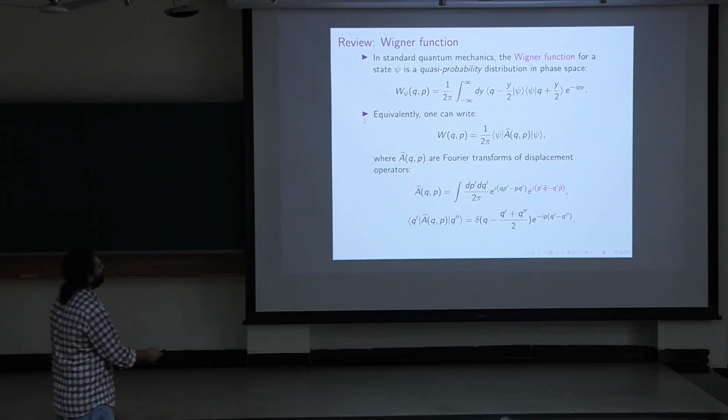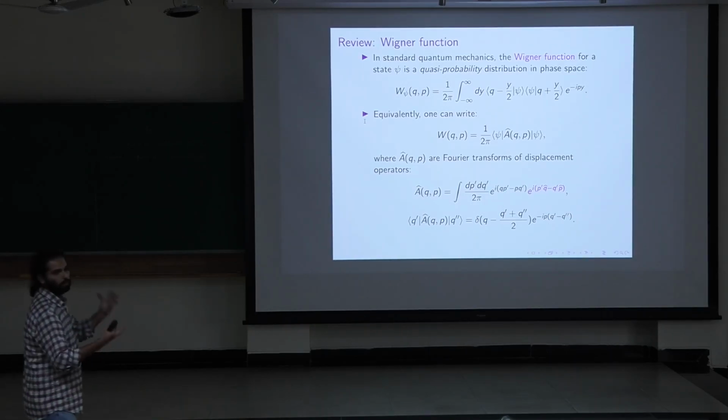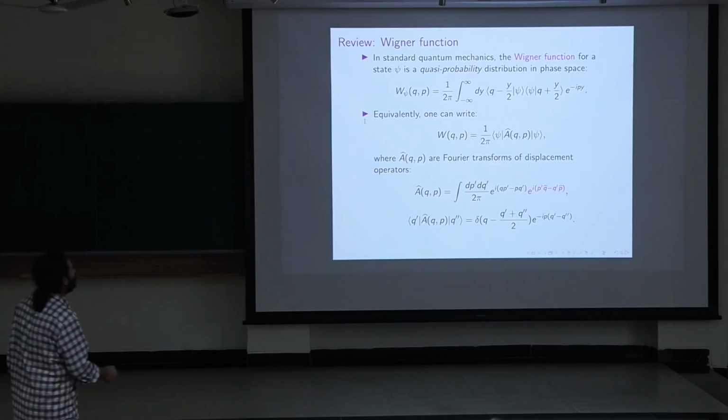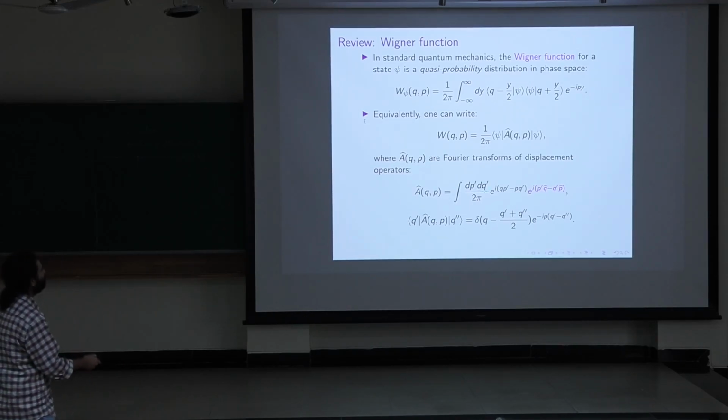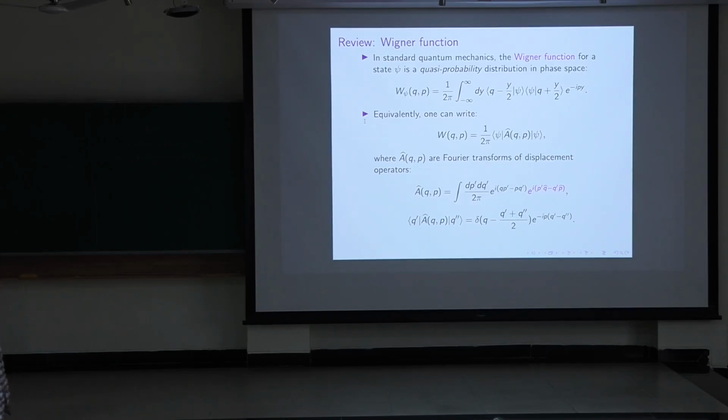Very roughly, you can think of this Fourier transform as giving you an operator which is delta function localized at the point q comma p, but something that treats both q and p on the same footing. Hat just means operators. So A hat is an operator, Q hat is an operator, P hat is an operator, everything else is not an operator, and you insert that into the one-point function.